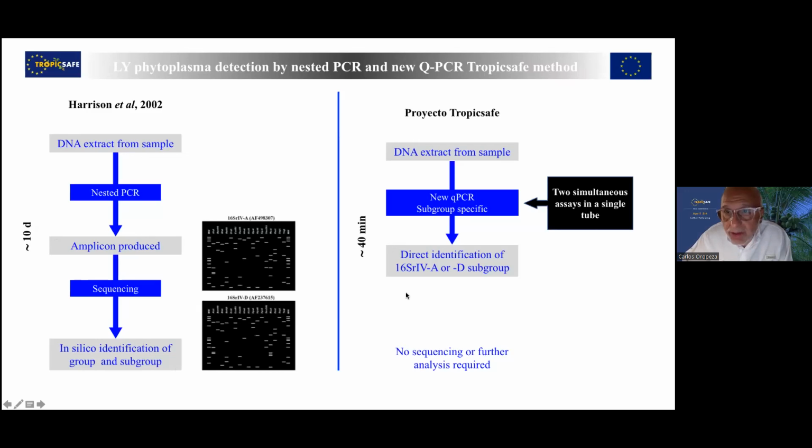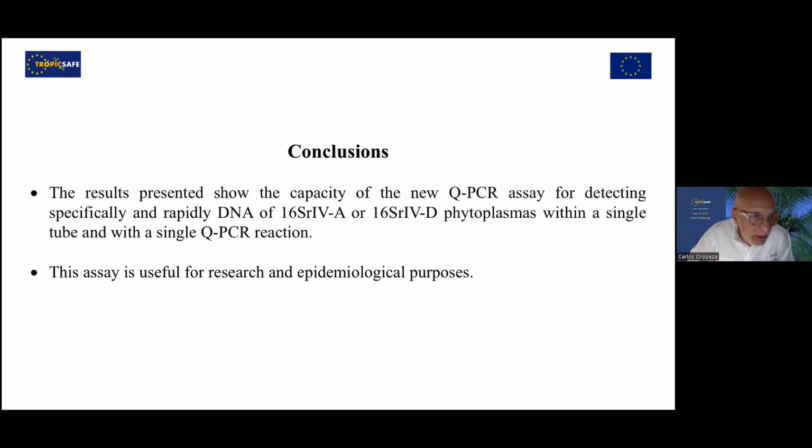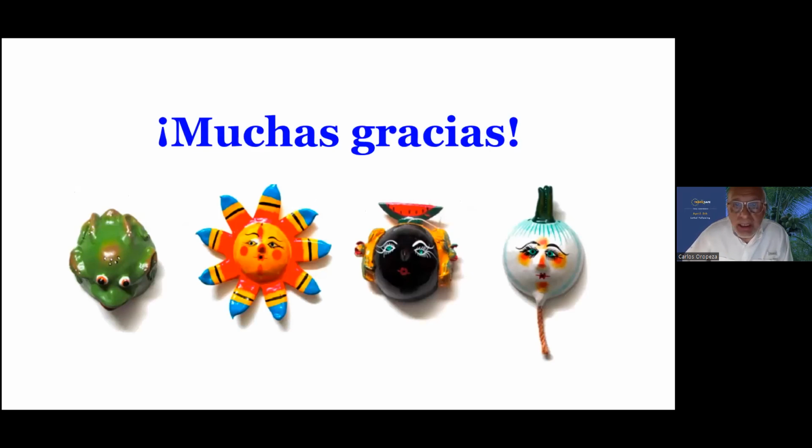And in the case of the new method, it takes 40 minutes and it will tell you whether it is A or D. So in conclusion, the results presented show the capacity of the new qPCR assay for detecting specifically and rapidly DNA of these two subgroups within a single tube and with a single qPCR reaction. This assay could be very useful for research and epidemiological purposes. So thanks very much.